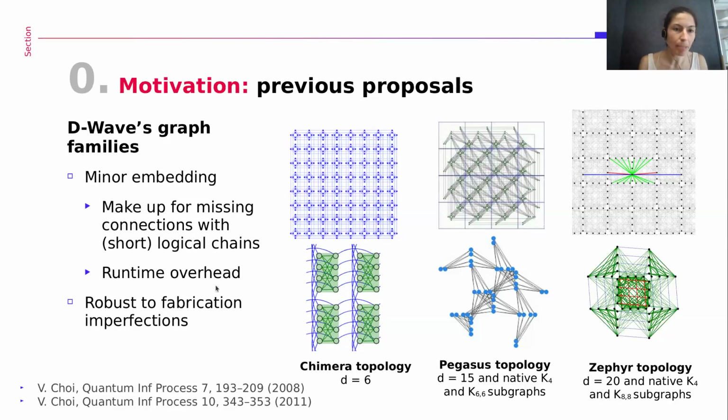This minor embedding procedure implies an overhead, but it comes with the perk of being robust to fabrication imperfections, because you have many connections, and increasingly more connections in new generations of these topologies that D-Wave is putting out.